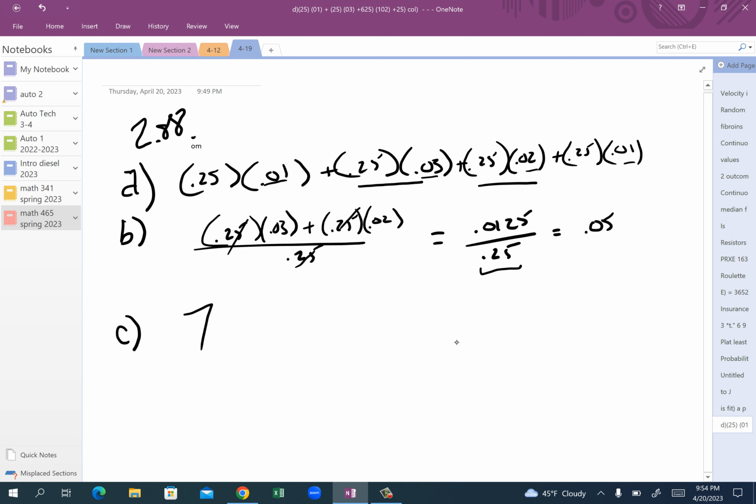If you bust that whole top line out, 0.25 times parentheses, that's 0.01 plus 0.03 plus 0.02 plus 0.01, it comes out to 0.0175. Now, you said it was 7%, right? You've got to be careful here.